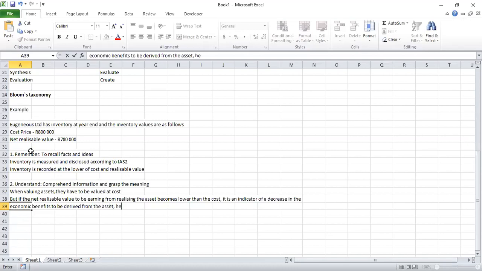Hence, it can be necessary to write down the inventory.